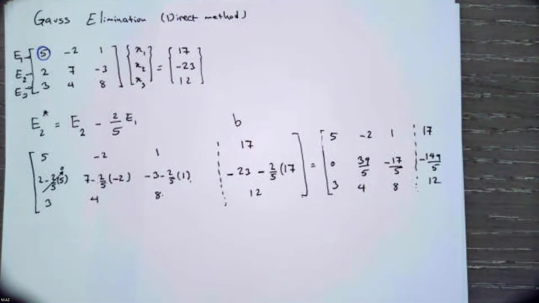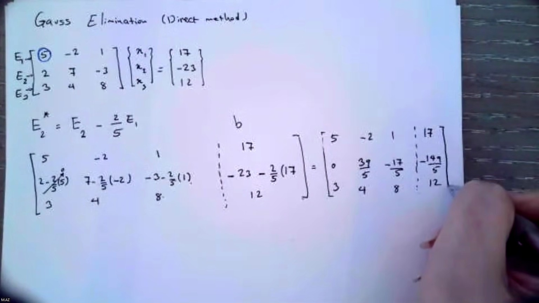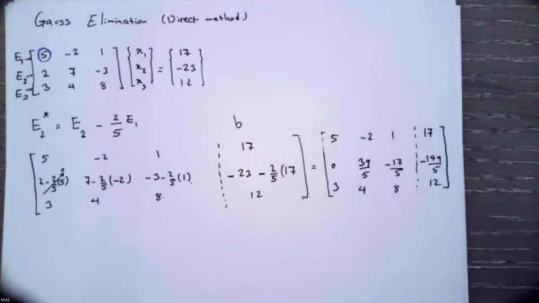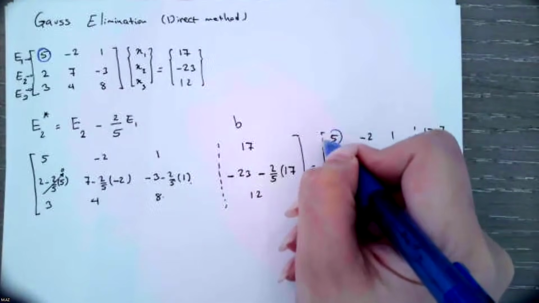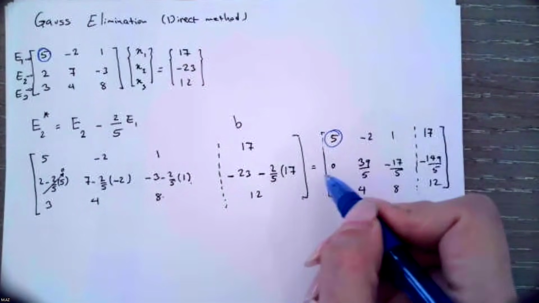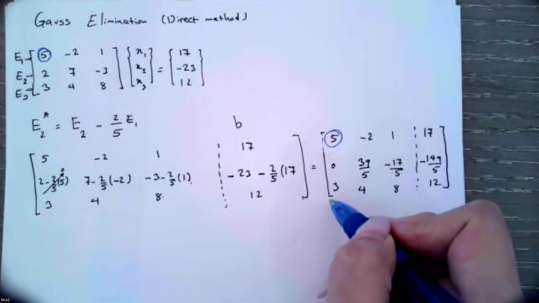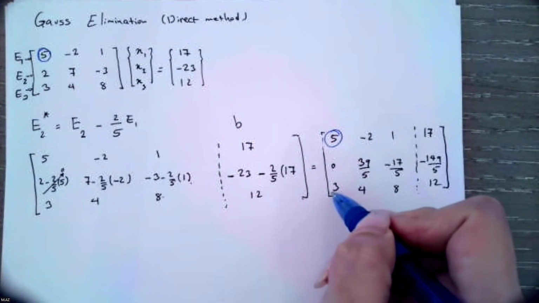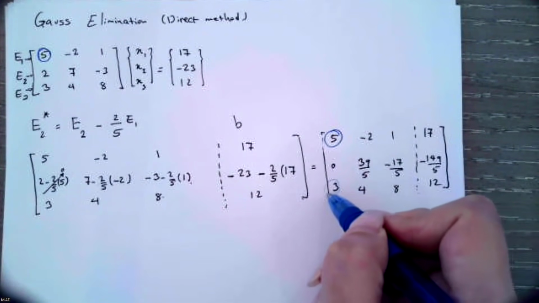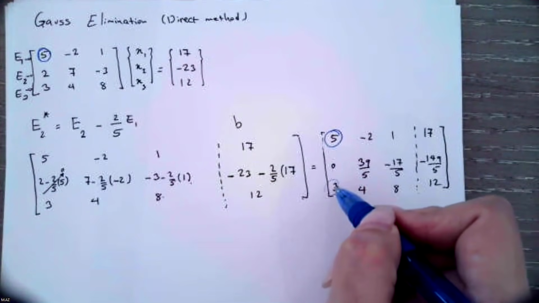Okay, as you can see, this is the pivot one. This element turns to 0. The next one, this element also should turn to 0.